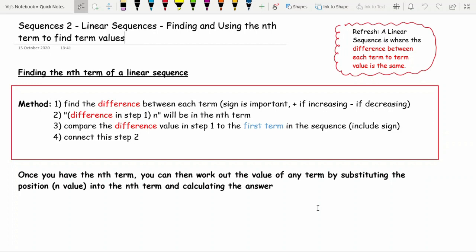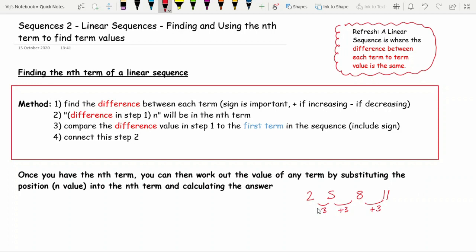Let's actually write this down. If I had the sequence 2, 5, 8, 11, you can see here that the difference is 3, but it's really important you write plus 3.